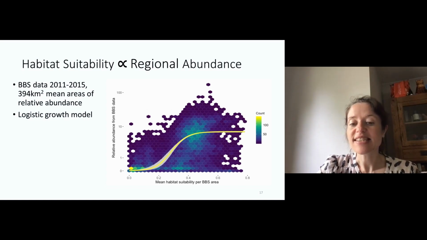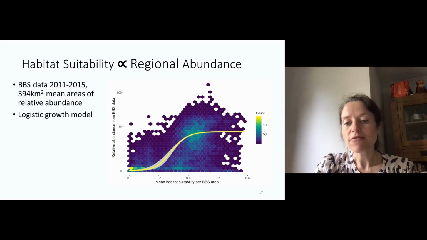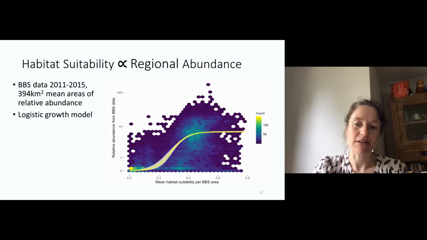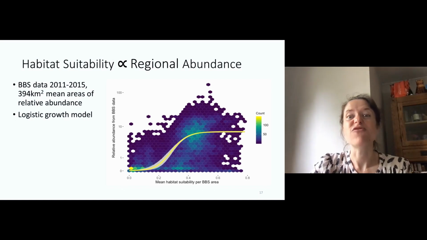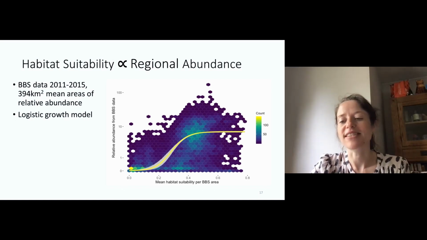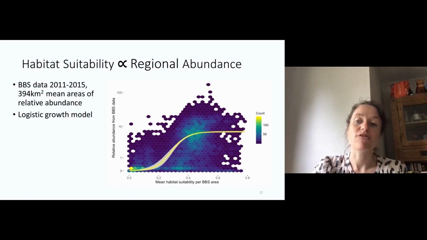In this case, as habitat suitability in our model increased, we found a threshold-like increase in the relative abundance of purple martins. So the largest colonies of martins, or the largest regional populations of martins, occur in areas predicted the most suitable in these models.